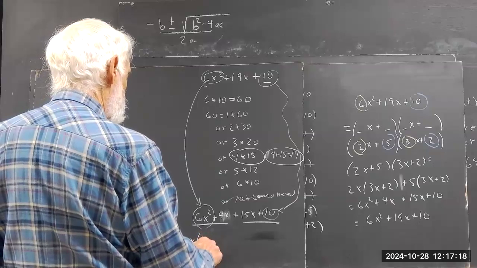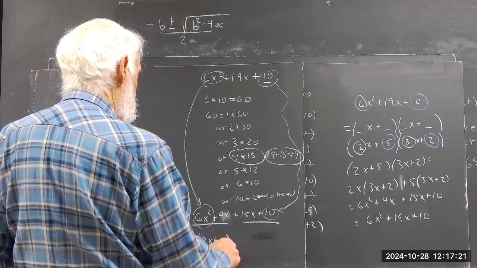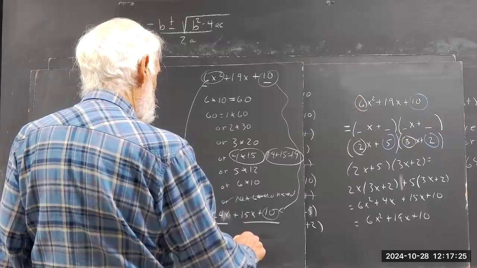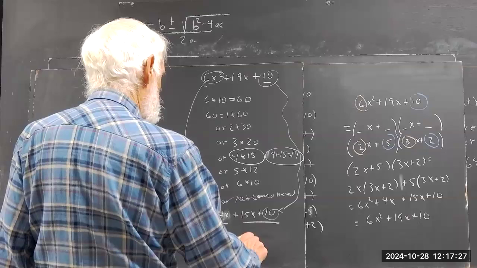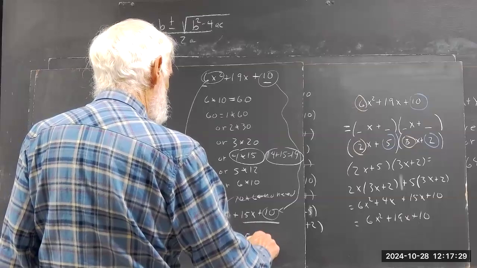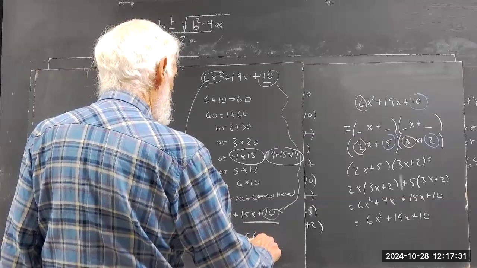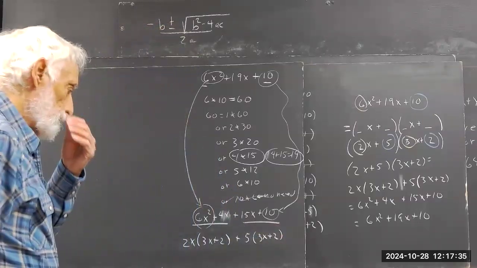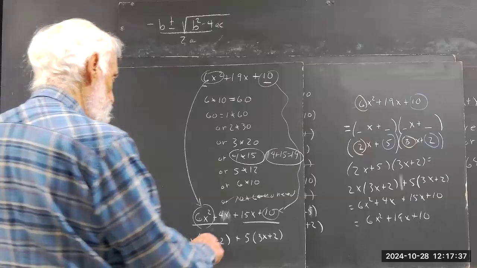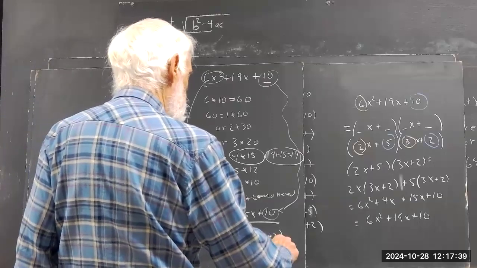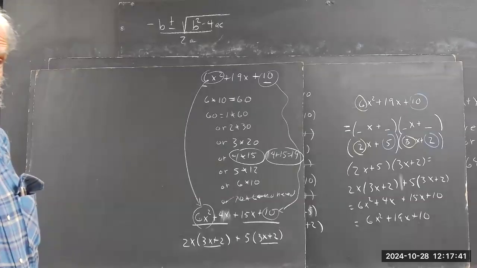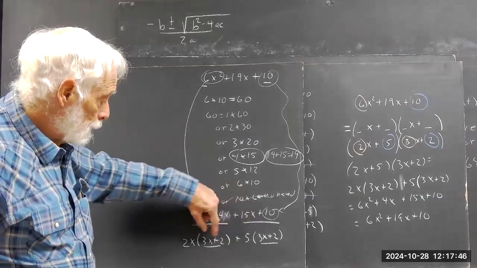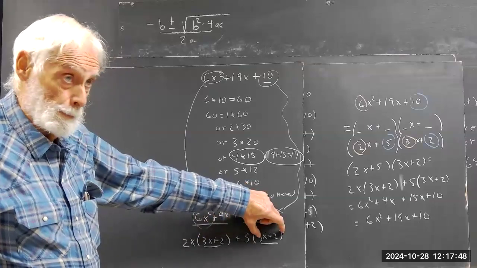It gives me 3x plus 2. And then over here, I factor out 5, and I get 3x plus 2. So the way this works out, I've got a 3x plus 2 here and a 3x plus 2 here. If you follow this method correctly, you're always going to end up with the same thing here as you got here.